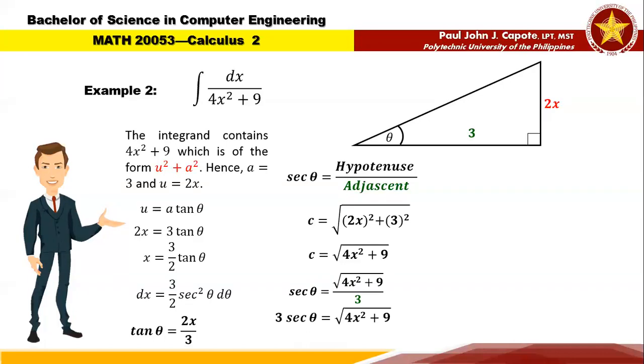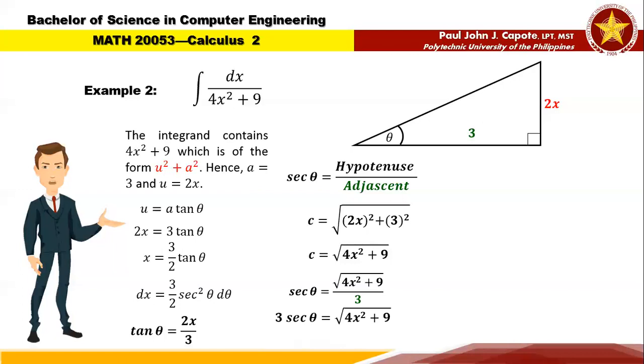We perform cross multiplication. We have 3 secant theta is equal to the square root of 4x squared plus 9. Now why did we get 9 times secant square theta is equal to 4x squared plus 9?